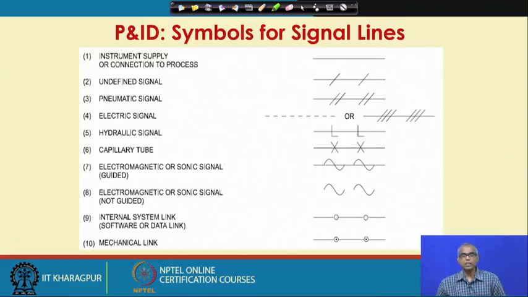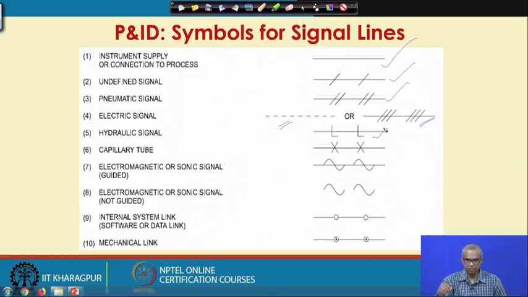These are symbols for signal lines. This is instrument supply or connection lines. This is undefined signal. This is pneumatic signal. This is electrical signal. Sometimes this is also used as electrical signal.